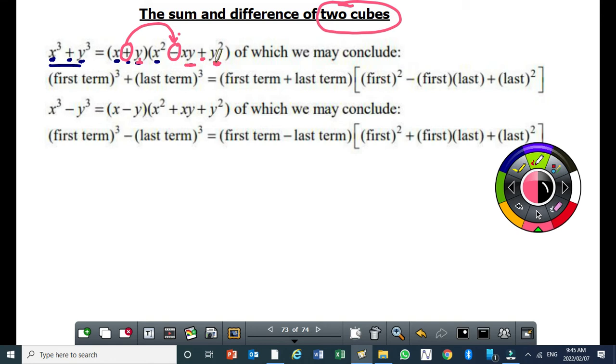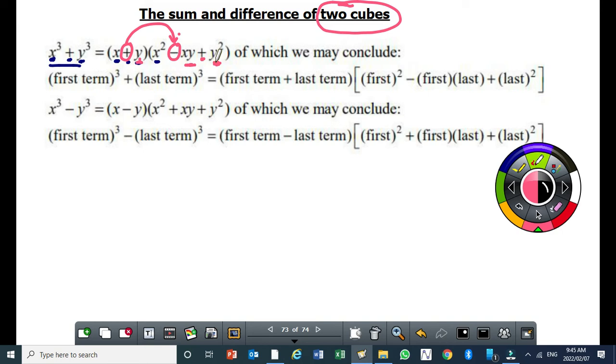Okay, now we can simplify that by saying first term cubed, which in this case will be x cubed, plus last term cubed, which will be y cubed, is going to be equal to first term plus last term. Remember your first term is going to be x, but we have cubed it. The last term is going to be y, but it's cubed.